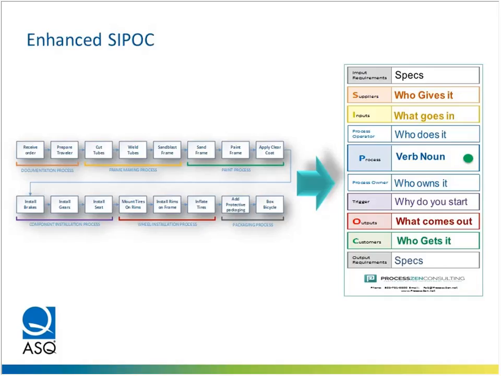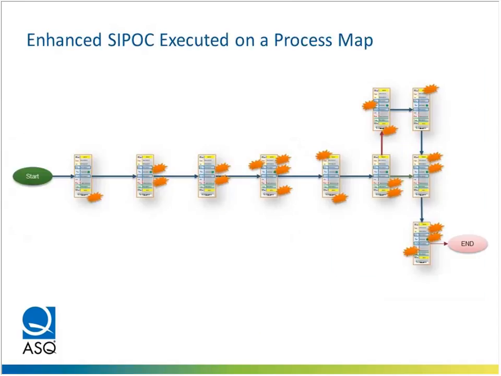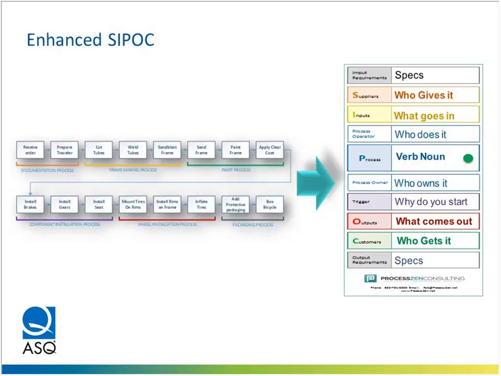And who gets it? To give you an idea, I'm going to step to the next slide and then we'll come back. You can see we took a process map and we created those forms for each of the steps. This is what a final product is going to look like. Let me go back to the details a little bit now that you've seen this.